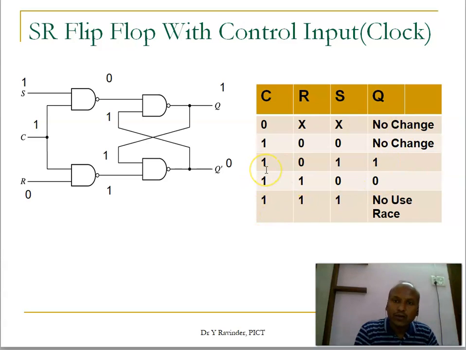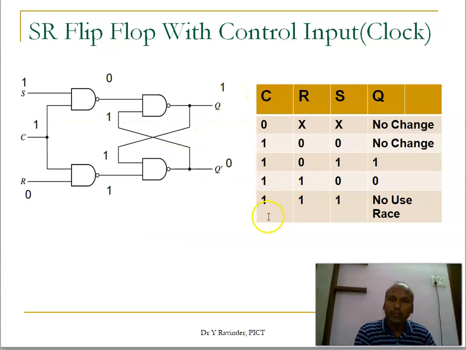But can we call this a flip-flop? No, because as long as this is 1, whenever this changes, it will change. That means if the clock input is 1, if the clock is on, as long as this is on, whenever S or R or both change, the output will change.